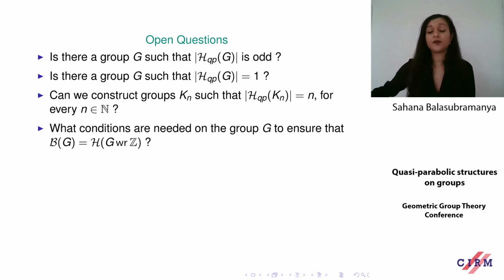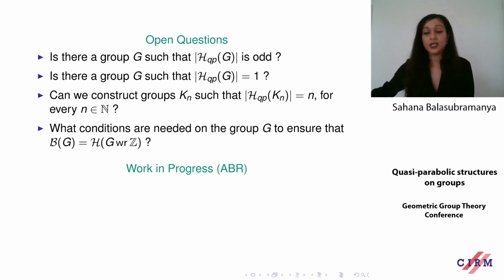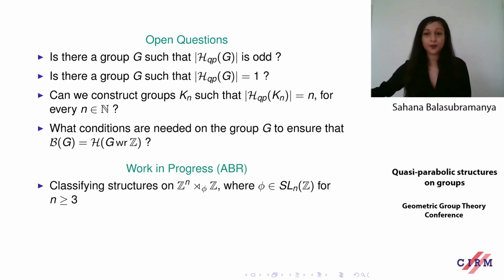And the work that we're focusing on is aimed at understanding the following. We'd like to classify the structures on groups that look like Z to the n semi-direct product with Z, where the extension is defined by SLnZ.